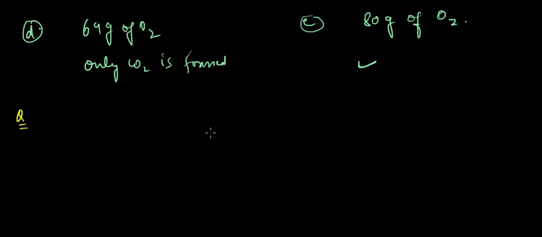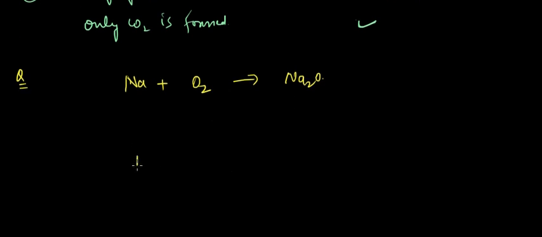Okay, so we have been given that Na reacts with O2 to form Na2O, and also that Na reacts with O2 to form Na2O2. So let's balance these two equations. So here half, 2 and half here, so it is balanced, and here 2 here.